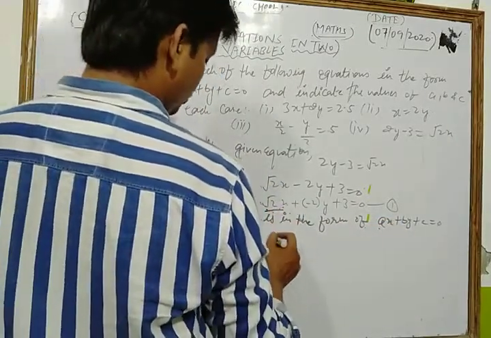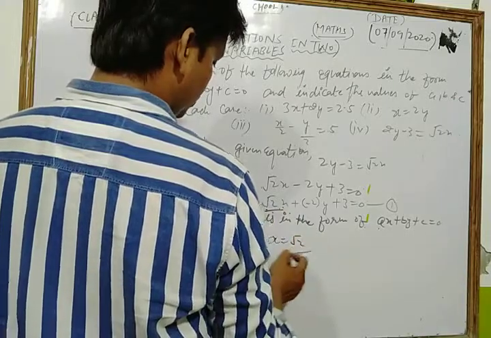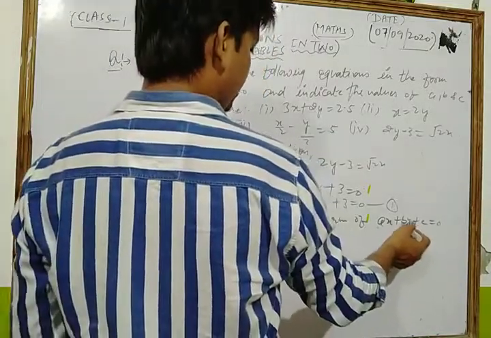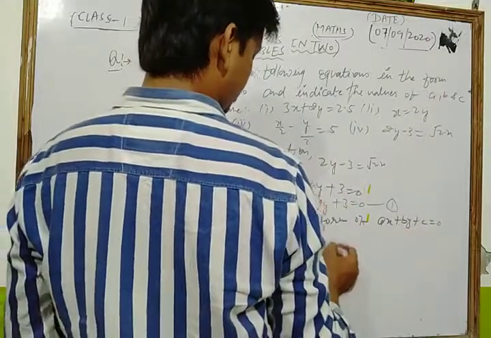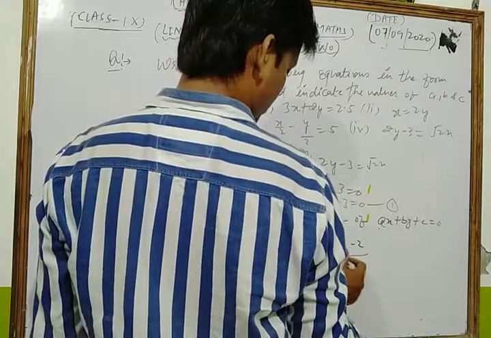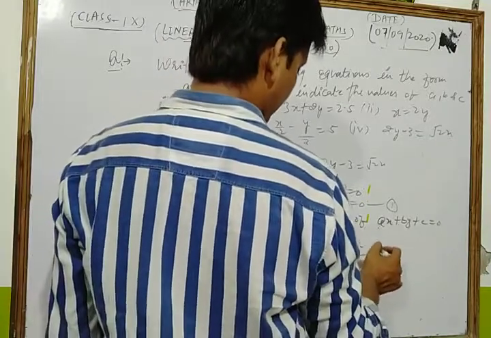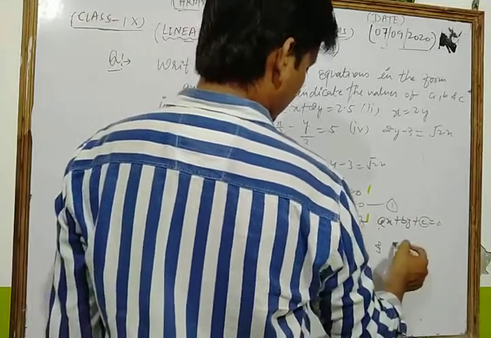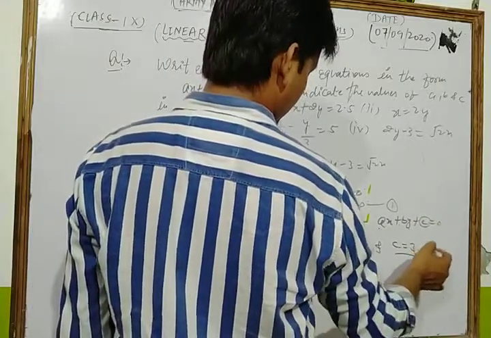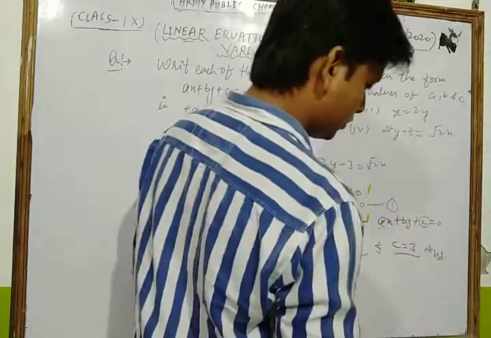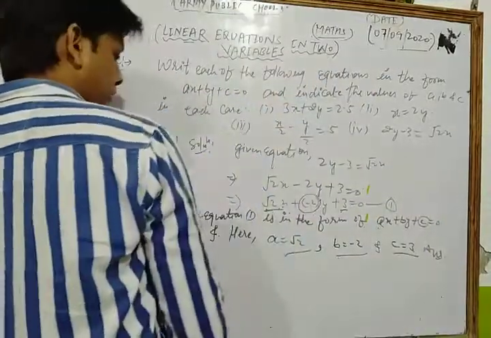The coefficient of x is root 2, so the value of a is root 2. The value of b is the coefficient of y, which is minus 2, so b is equal to minus 2. And the value of c is 3.